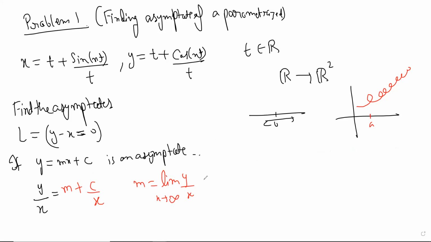But you see X goes to infinity is the same thing as T going to infinity. You can check that it's just the same thing, right? That is the same thing as T going to infinity. And this thing is equal to 1.